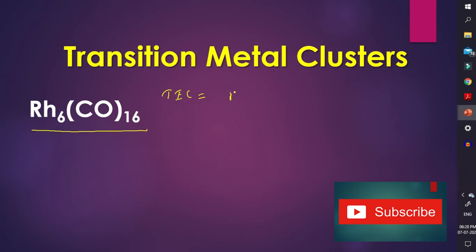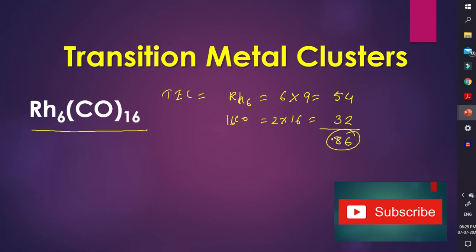There are 6 rhodium, and rhodium is in the cobalt group, so it has 9 valence electrons, so 6 into 9 is 54. After that there are 16 carbonyl, and each carbonyl donates 2 electrons, so 2 into 16 is 32. If you add them, you get 86, which is the TEC.